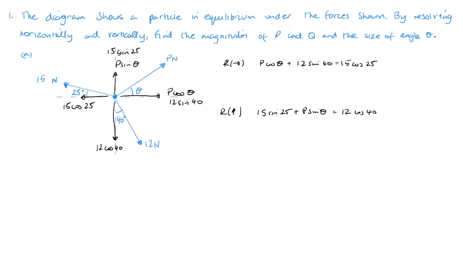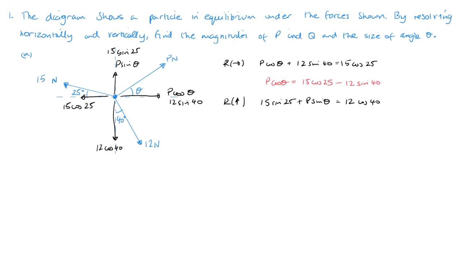And we'll rearrange them. So rearranging this one, we get P cos theta equals 15 cos 25 minus 12 sine 40. We'll call that equation 1. And this one, P sine theta, is 12 cos 40 minus 15 sine 25.